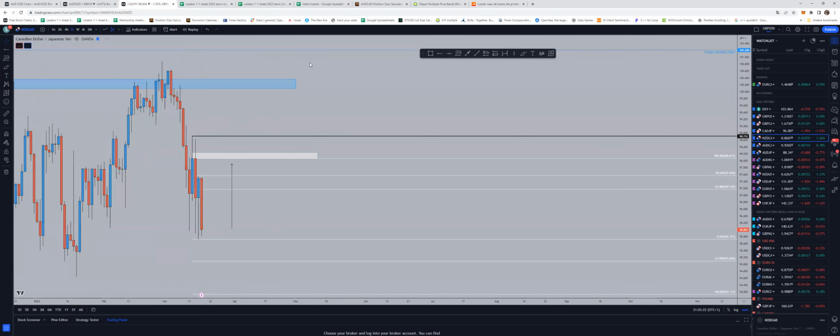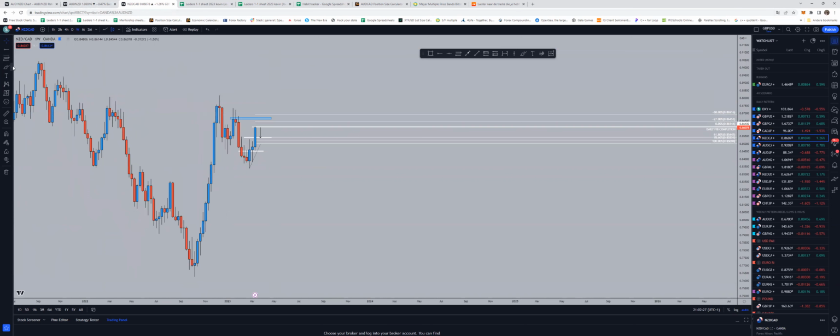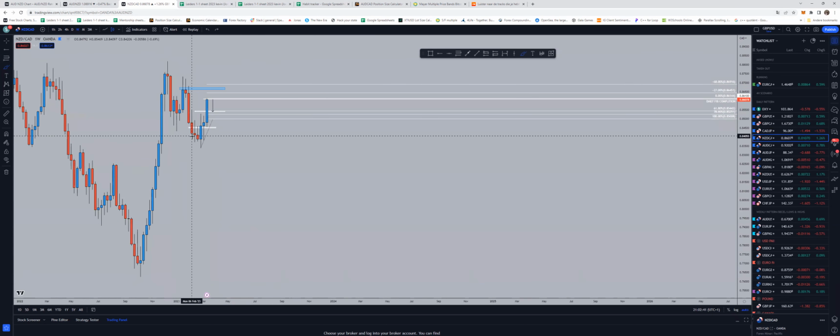Then NZDCAD. If I go to the weekly, what we could see on the weekly is a very big impulsive move, corrective nature, counter to the trend, possible fake out like this from that zone. And yeah, we have here that weekly multiple bullish candles with that very impulsive one.